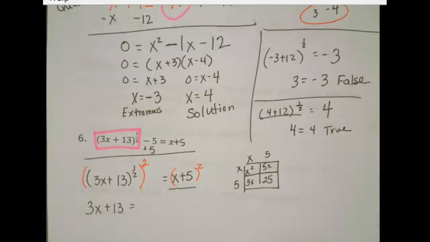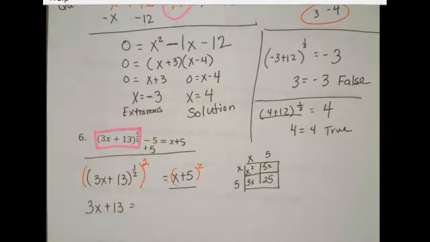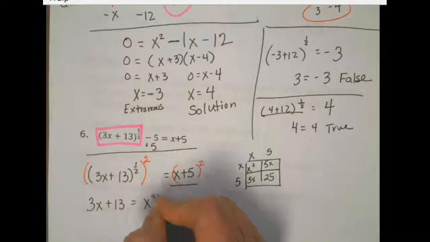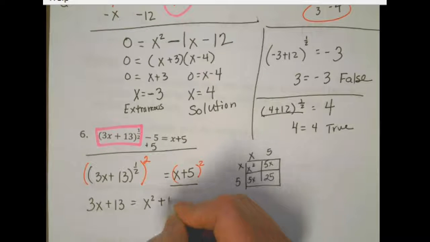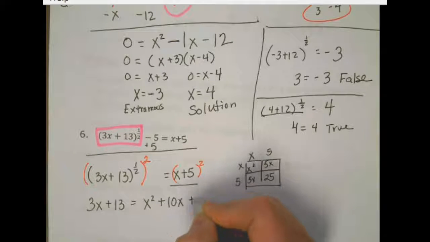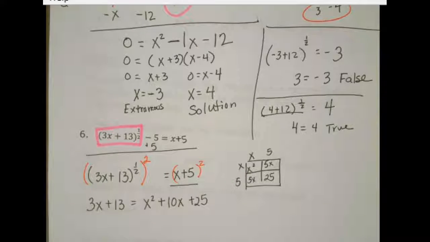And so if you can do this part in your head without a box problem, that's perfectly okay if you can do that without a sign mistake. A box problem is simply a way to organize it so you don't miss anything. If you can multiply it without a box problem, that's okay.